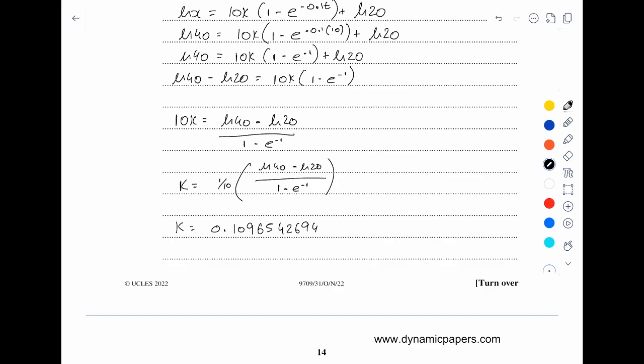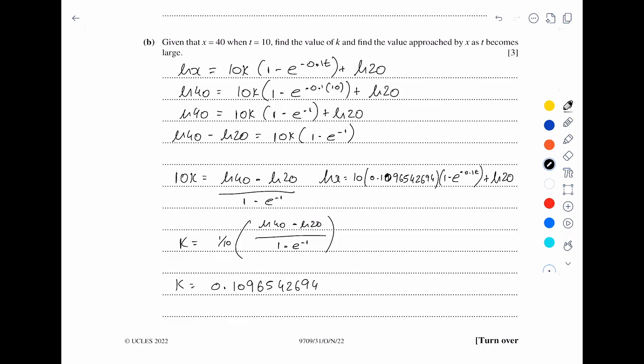However, technically this is not 100% correct, so just know when I refer to 0.11 from now on, I'm actually referring to 0.1096542694. So then, what does our equation become? It becomes ln x is equal to 1.1 times 1 minus e to the power of negative 0.1t plus ln 20.